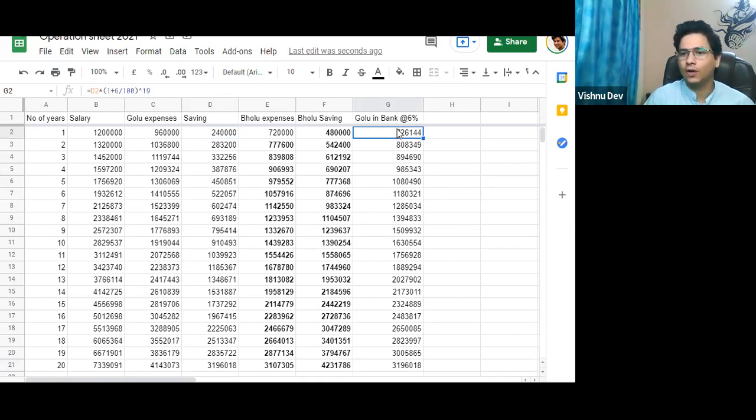Everyone is getting this. So this is the formula. D2 means the principal amount, 1 plus 6, which is the rate, divided by 100, to the power 19. 19 is the years. So his 2,40,000 will become what?